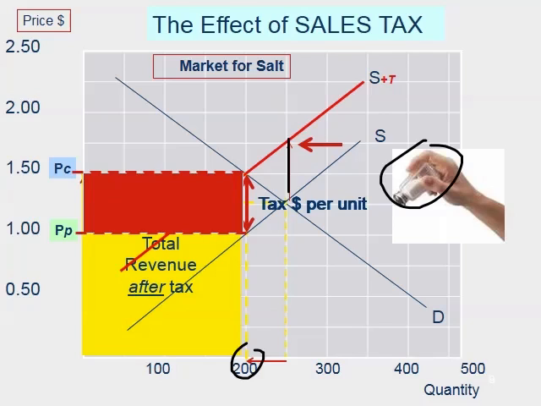Whatever part of the tax the consumer doesn't pay, the producer will pay. So in this particular case, it's equally shared. But that will vary depending on the relative price elasticities of demand and supply, as we shall see when we look at the incidence of the tax.